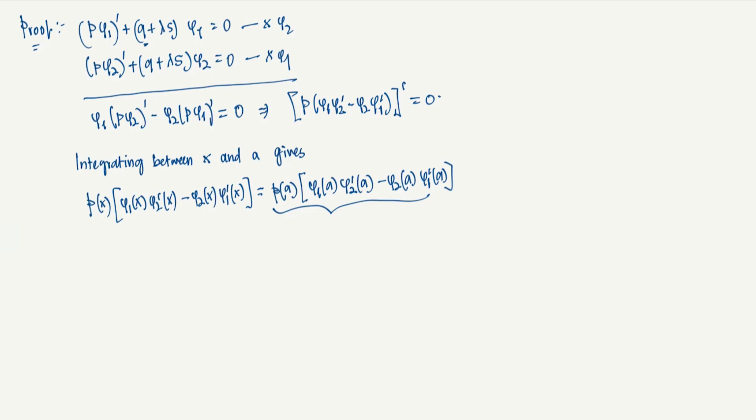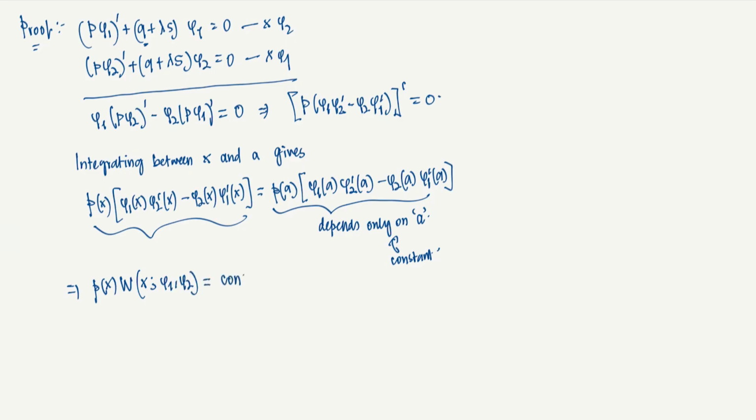So this term depends only on a. So this is basically nothing but a constant. And if this is constant, it means that this relation is constant, which is independent of x. So basically it means that p of x times the Wronskian of phi1 phi2 at the point x is nothing but a constant.